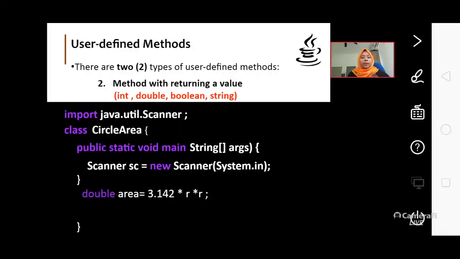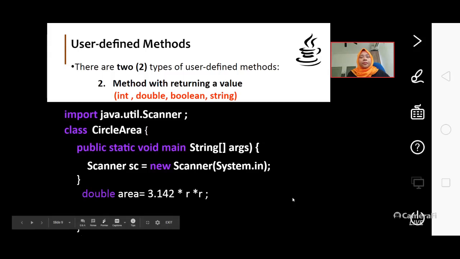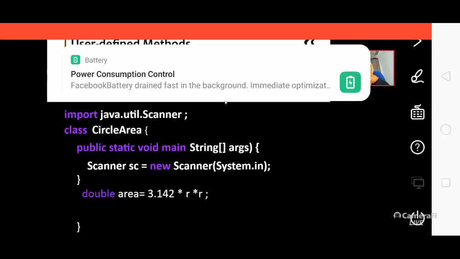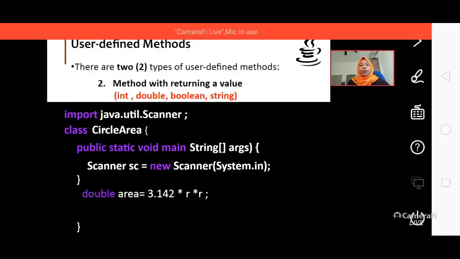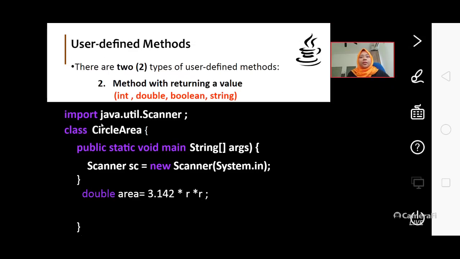Okay, and then the second method is a method with a returning value. Either that value is integer, double, boolean, or string. So for example, we have here a class Area, and our method is to find the value of area.